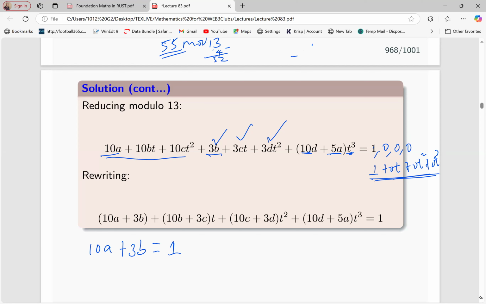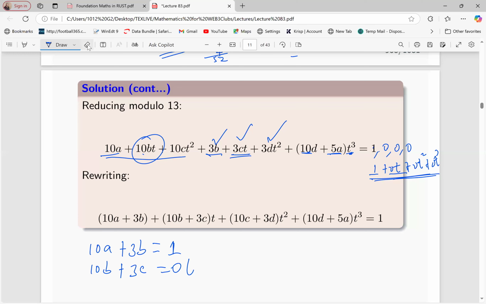Then those with t only, 10bt and 3ct, I will equate to 0. I'm just dropping the t's because they would cancel out. There's no problem.